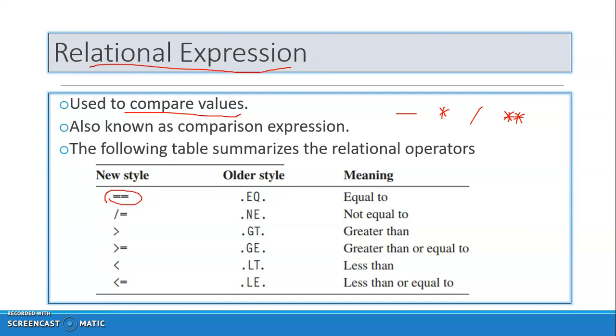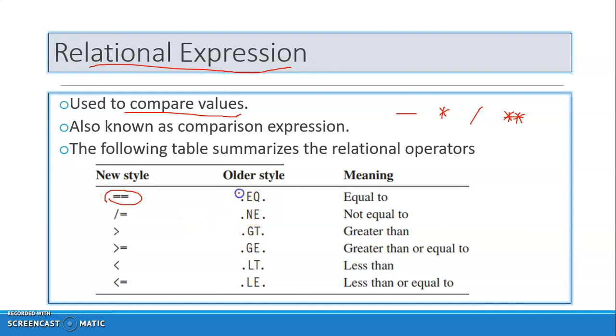So if you want to check if 2 items are equal, maybe 2 numbers are equal, we use the double equals. Because in programming, a single equals, like in Fortran, is used to assign a value to a variable. So for the identities, to check identity of 2 items, we use double equals.